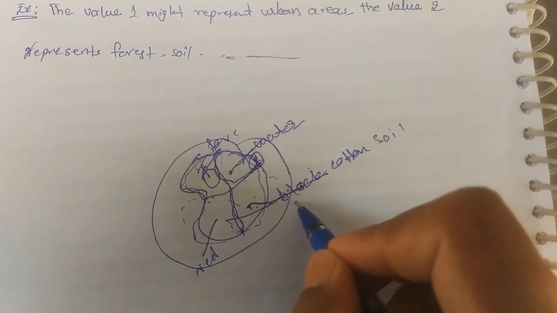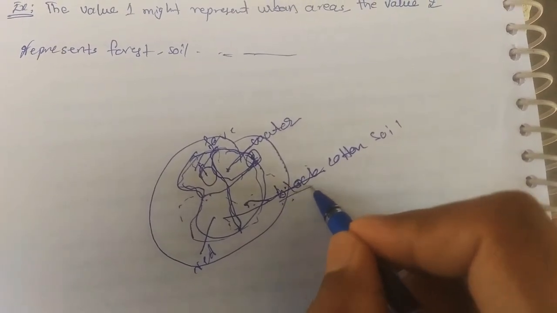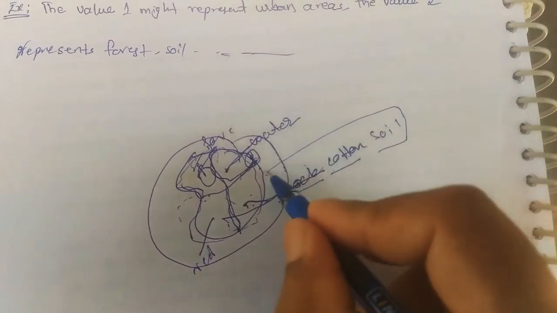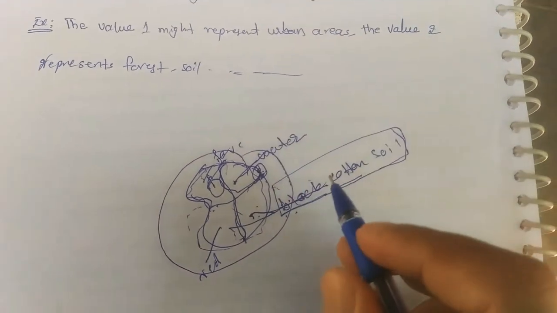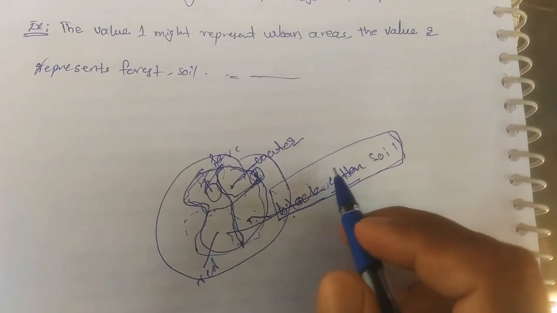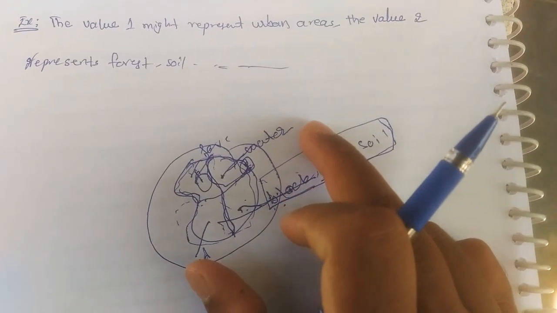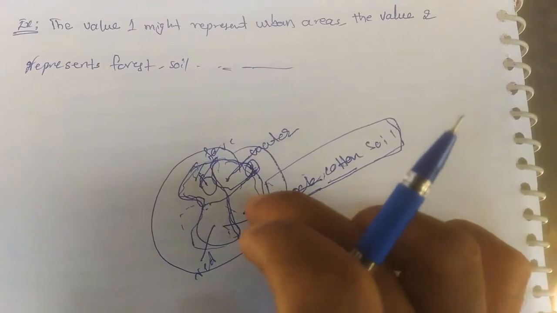See how it is not changing: for example, if one area is covered with black cotton soil, after 1 year also it is definitely black cotton soil only. So what I want to say is, in this case, the land themes or land covers are not changing.